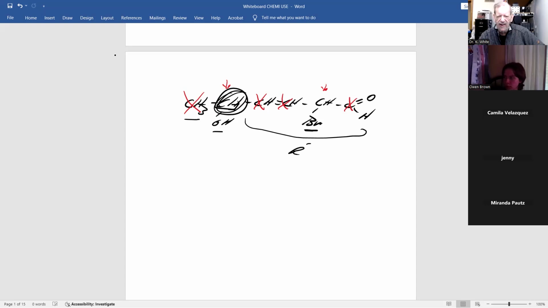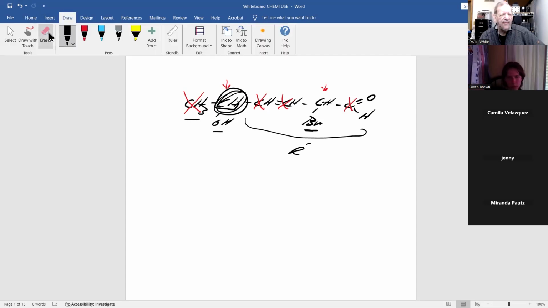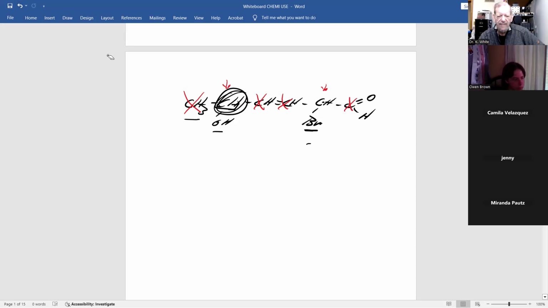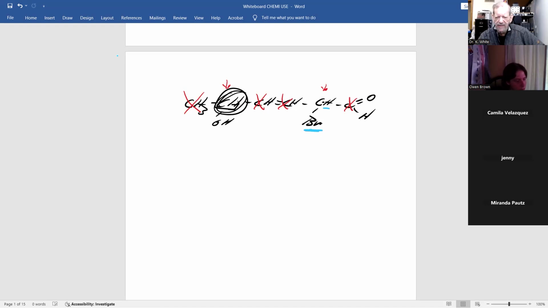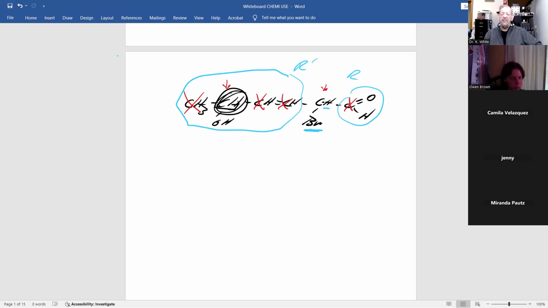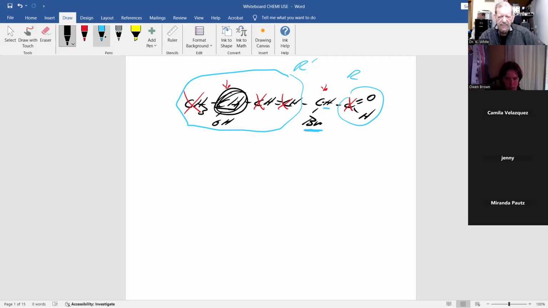If we look at this carbon right here, we have a hydrogen, a bromine, this aldehyde, and this group, which I call R prime. So there are 4 different things on that carbon. So this you would also circle.